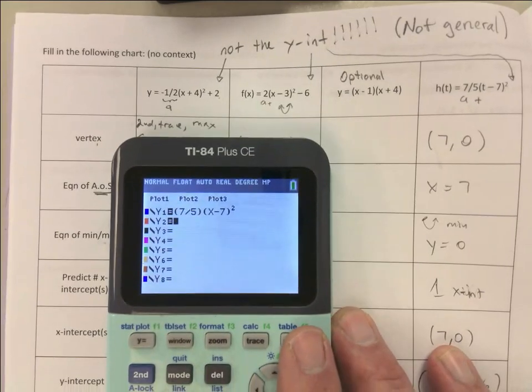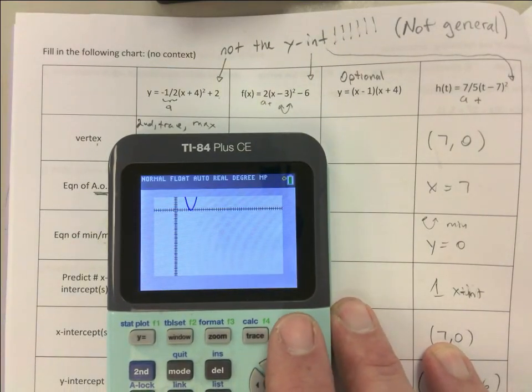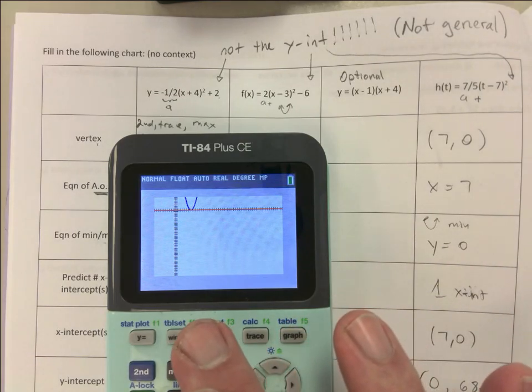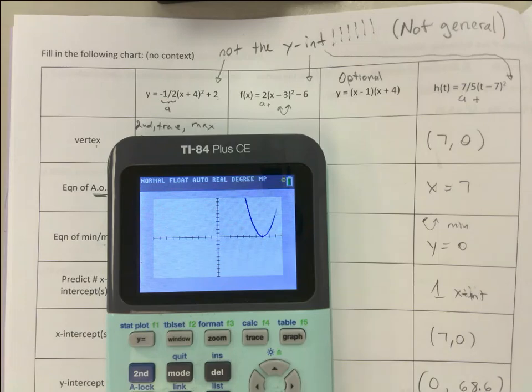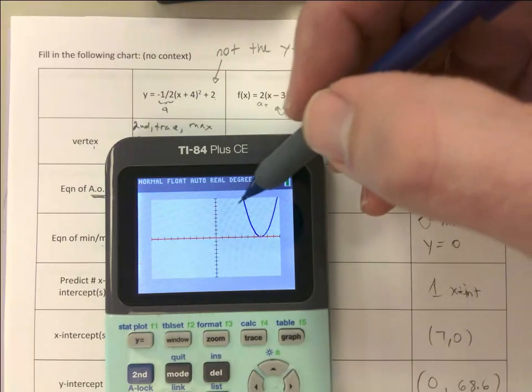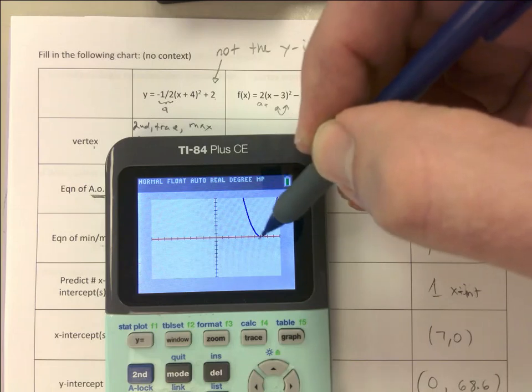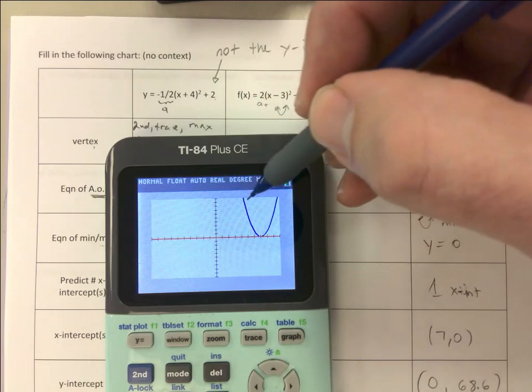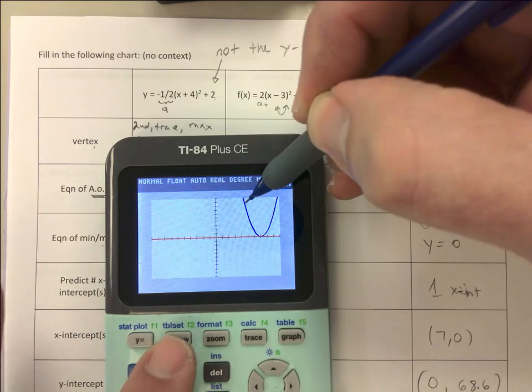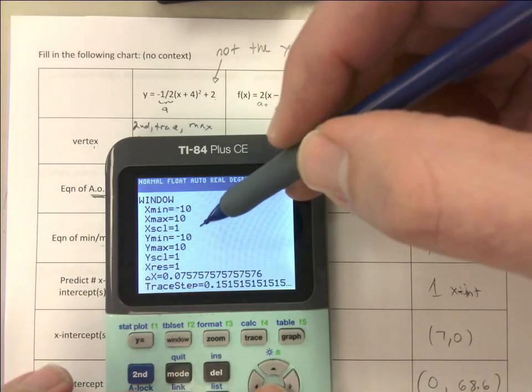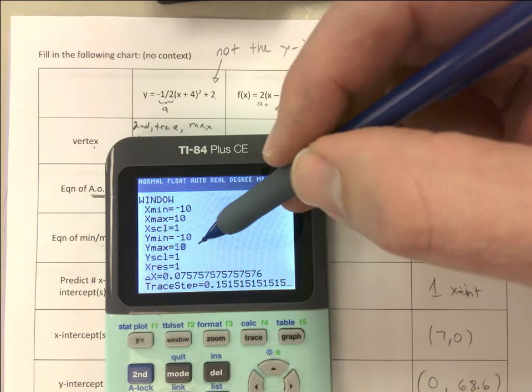Okay, so let's graph this. It's a little off, so I'm going to go zoom 6. I'm going to reset my window. So what's the problem here? You appear to see the vertex and maybe the x-intercepts, but we don't see the y-intercept. So I need you to chase the curve up. I'm going to go 50 for now.